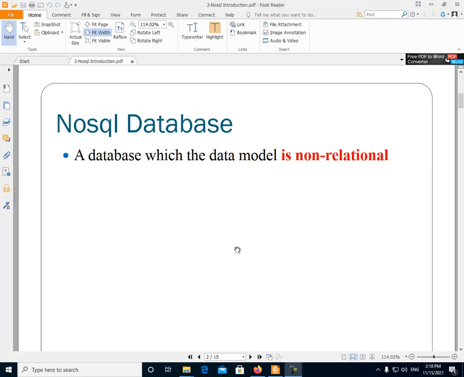It is something different from the SQL database. In the SQL database, we have a specific structure. NoSQL database is something different from that.